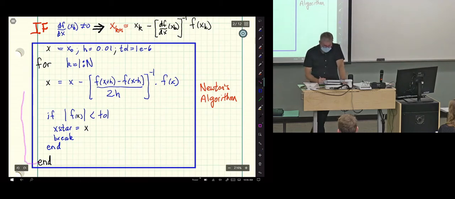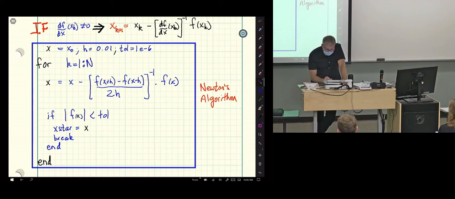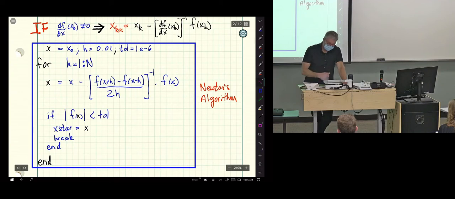There's a for loop. If you know what a while loop is, you could use a while loop. But here I just used a for loop since we've used them in Rob 101. This is xk plus 1 equals xk minus the inverse of the derivative times f of x. The only thing I'm not doing here is I'm not storing all of the intermediate values. You could just call this xk plus 1, or this is xk minus 1, and this is xk.